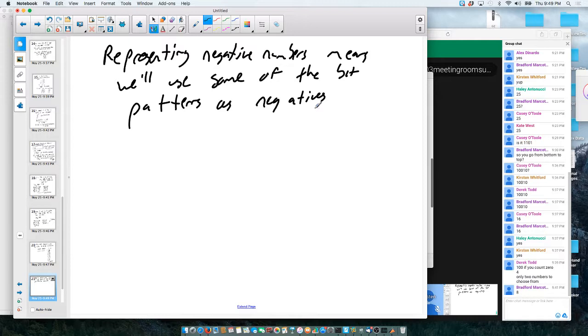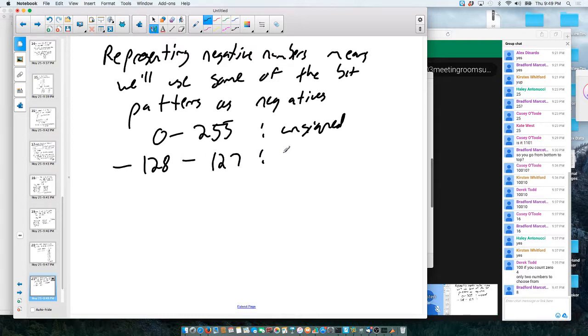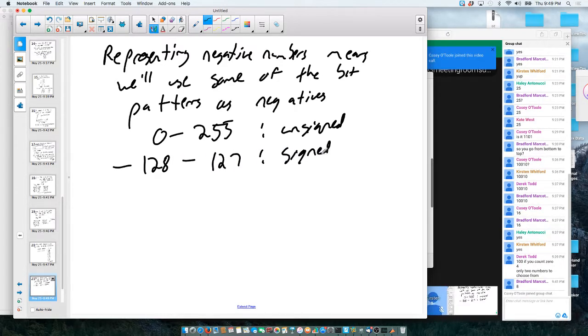So 0 to 255 is unsigned. Negative 128 to positive 127 is signed. And the reason this is 128 and this is 127 is because I have an even number of combinations. 256 is even, but I only have 1 zero.